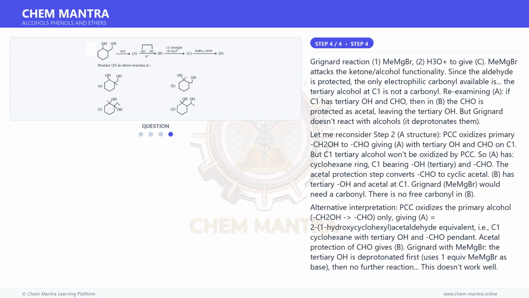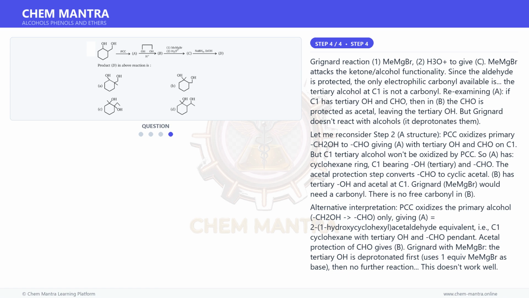MeMgBr adds to the ketone, C=O at C1 of the ring. C before H3O+ is the magnesium alkoxide at C1, acetal intact. H3O+ workup protonates the alkoxide, giving the tertiary OH at C1, and hydrolyzes the acetal, regenerating CHO at C2.